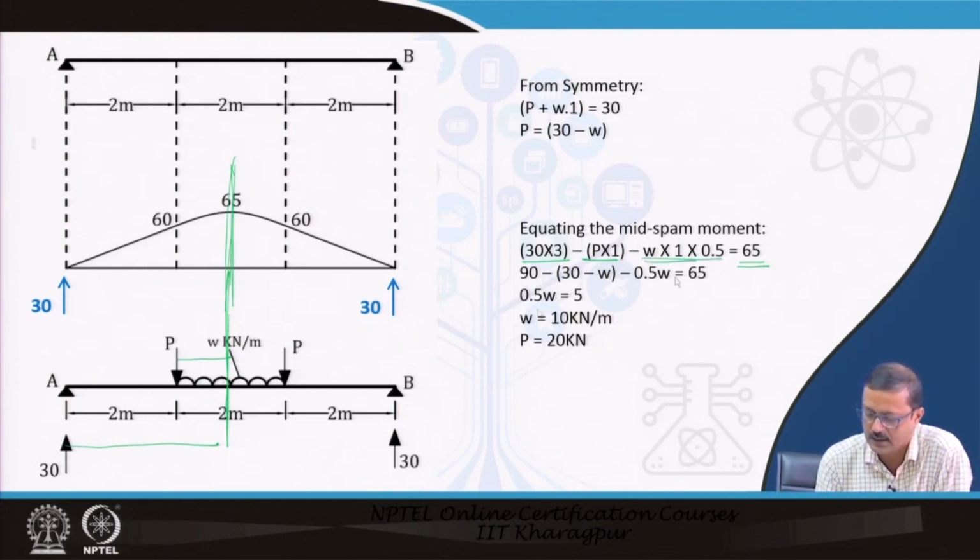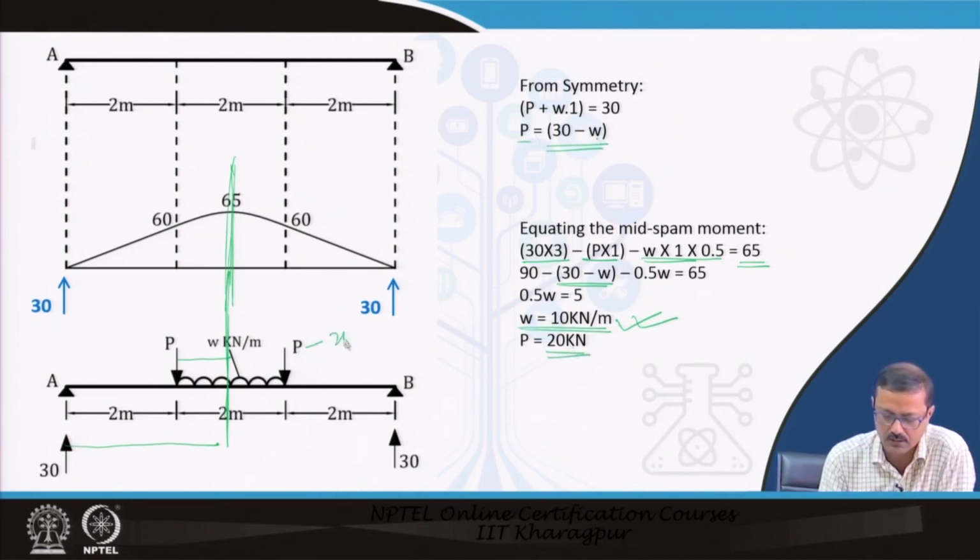I replaced the value of P by 30 minus W and rearranged this. So, I got W equal to 10 kilonewton per meter, and placing 10 over here, P equal to 20. So, P equal to 20 kilonewton and W equal to 10 kilonewton per meter is my final answer to this question.